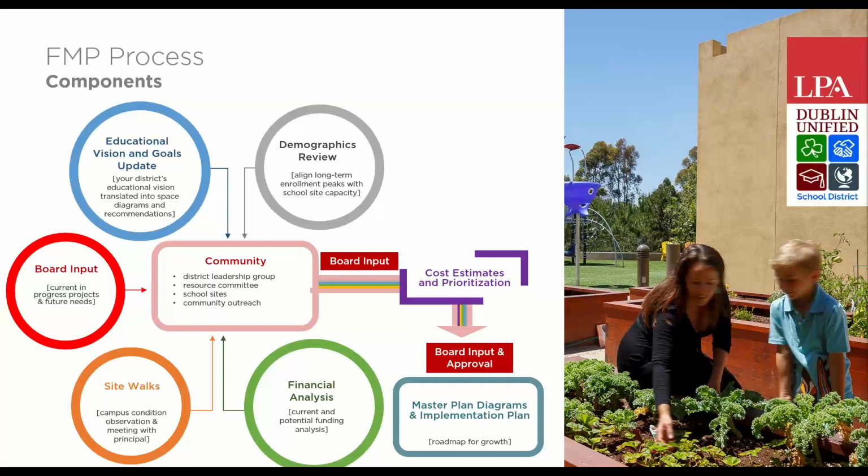And we have met with the board one-on-one and provided updates. That's an additional data point gathered and presented to the community through the stakeholder engagement I mentioned. From there, that information is gathered with board input and synthesized into cost estimates and prioritization. Then, again with board input, it will get approved in September. The deliverables at the end are the master plan diagrams and the implementation plan, which is a roadmap for growth for the district in the future.